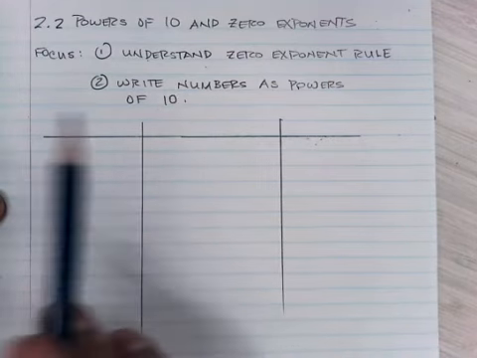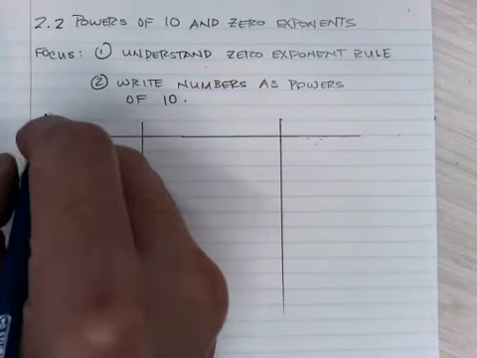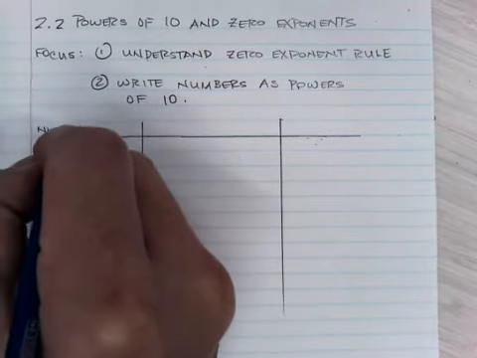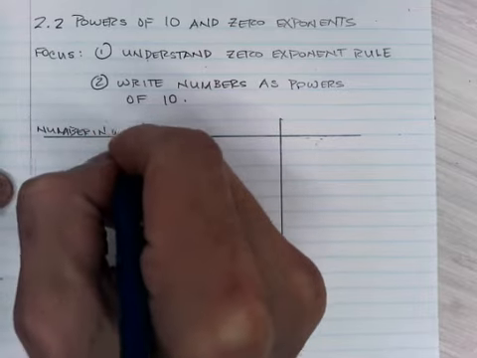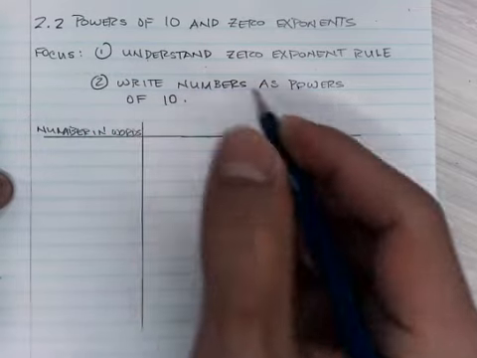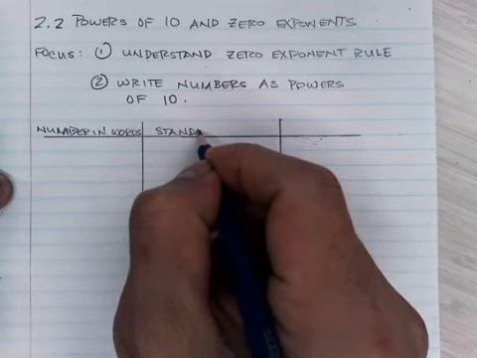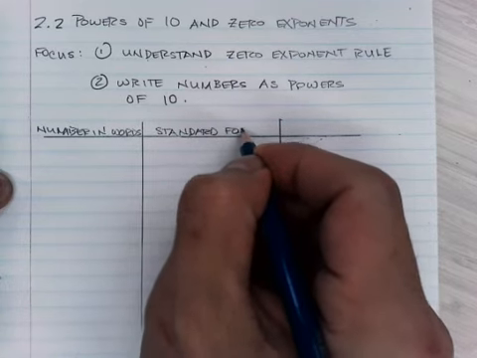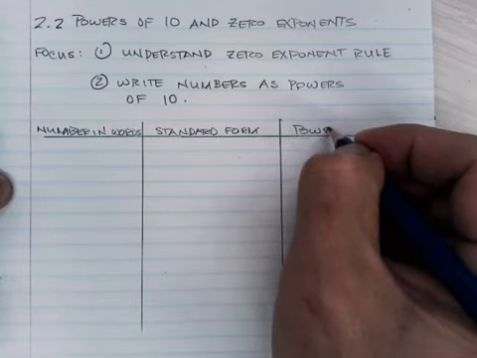Okay, so in this chart, I'm going to drop some numbers, and this is the number in words. This is the standard form. And over here, we're going to write it as powers.